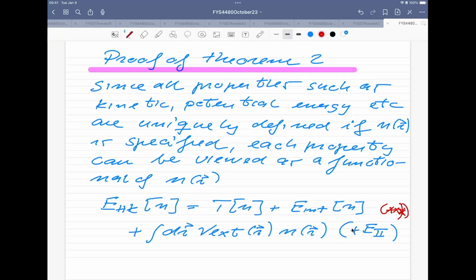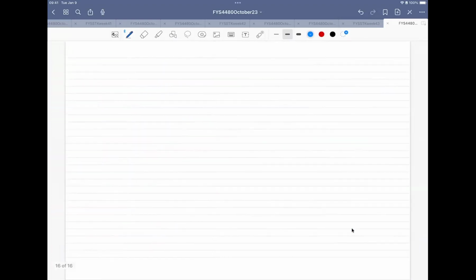So what we're going to do now is to consider a system with a ground state density n1, which corresponds to an external potential V1. So let's look at that specific case. We have an n1(r), and that density corresponds to an external potential, V external 1.